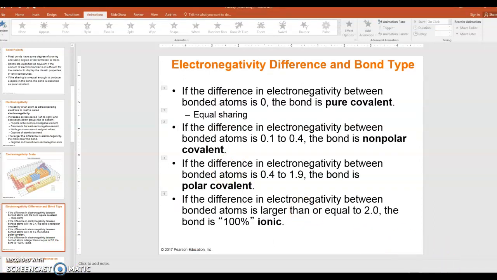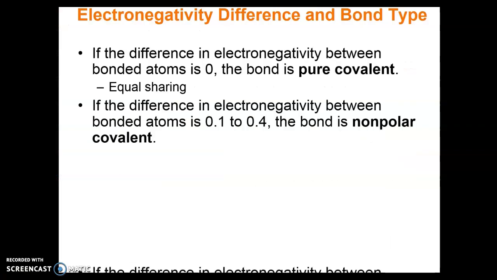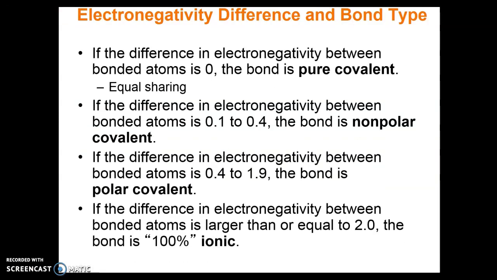So let's get back to it here. And we were talking about how these numbers, which we've already covered, but it's a great review of everything. And so we got some categories, which we didn't talk about pure covalent, but we definitely talked about nonpolar, we talked about polar, we talked about ionic, and it's all about how big that difference is.